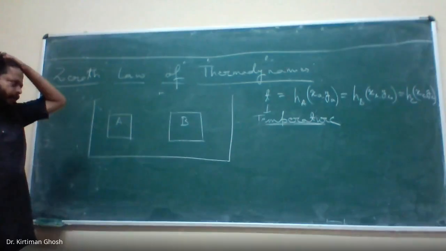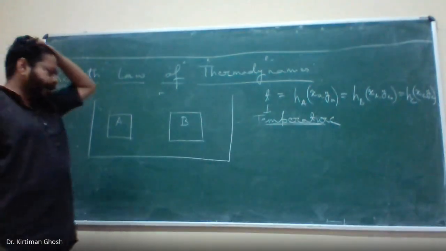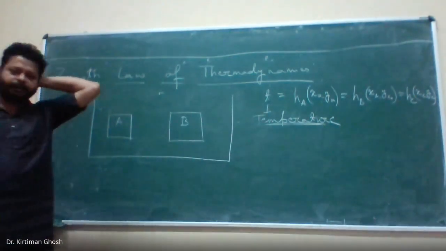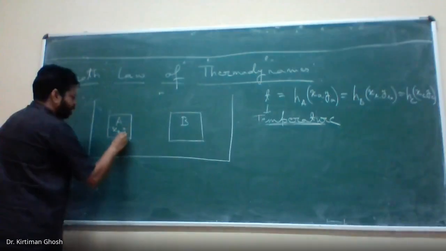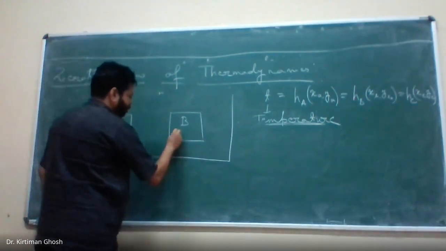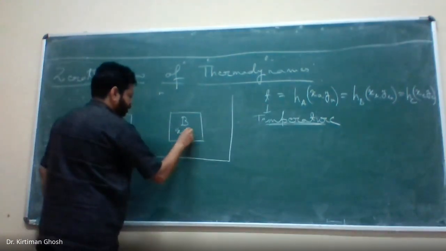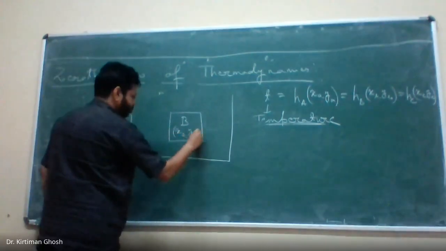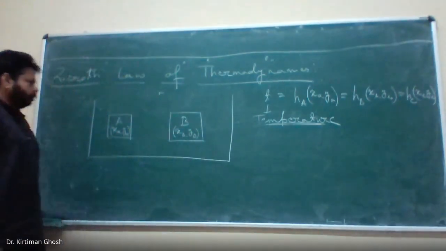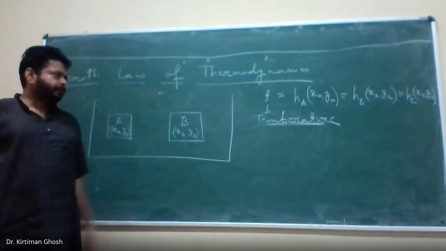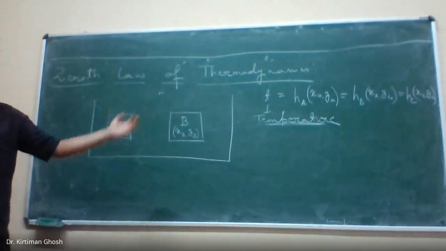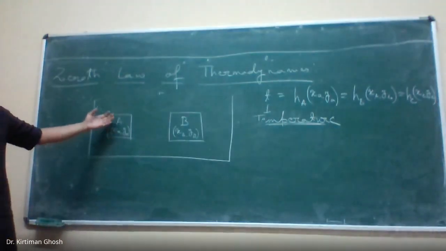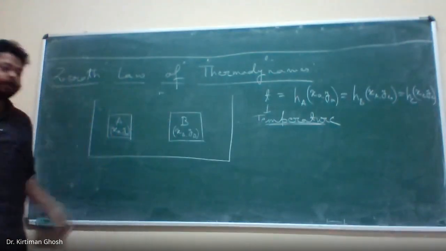These systems A and B could be very different. A is described by thermodynamic coordinates XA and YA, and B by XB and YB. Systems A and B are in thermal equilibrium with this heat bath, which is your system C. So that tells you that A and B are in thermal equilibrium with each other.